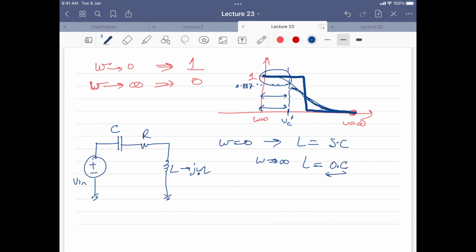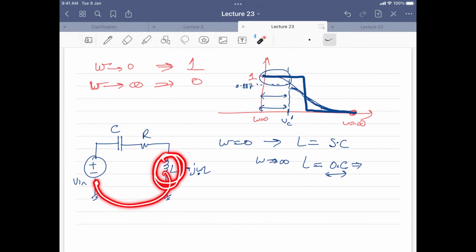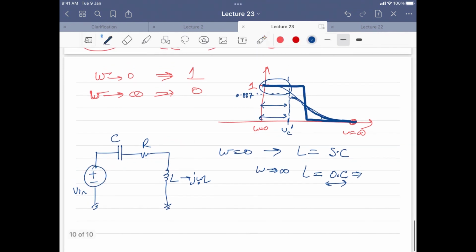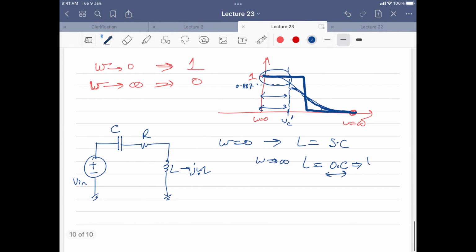Yes, sir. So if it is open circuit, whatever voltage you have here, the same voltage will appear from here to here, right? Because there is no current flowing. So if that is the case, at infinity you are getting V in, and at 0 you are getting a 0 voltage across the inductor.